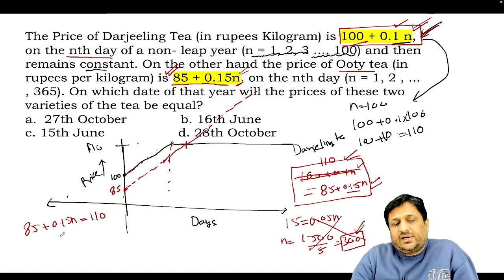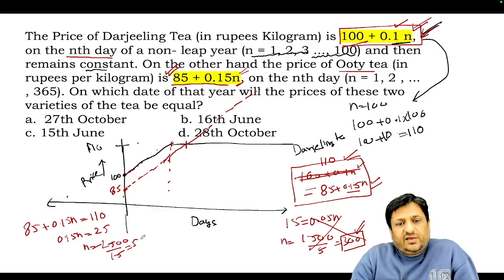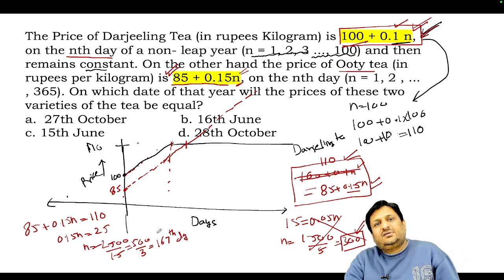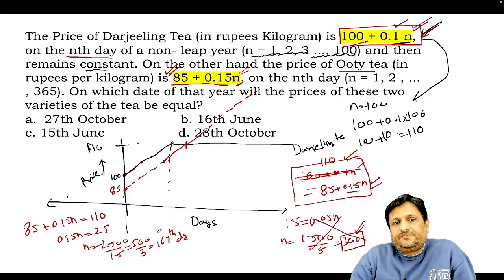So 0.15n is equal to 25, and n comes out as 2500 divided by 15, which is 500 divided by 3, which is 166.66, so the 167th day.